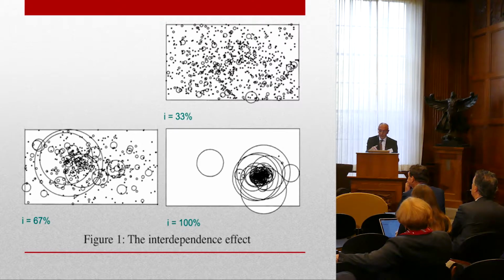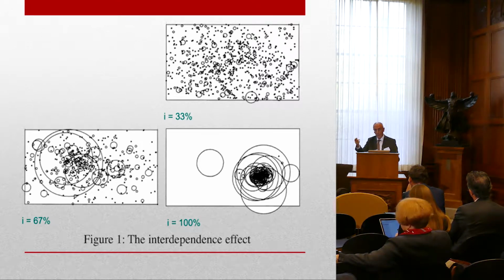But here we talk about the interdependence effect. What is interdependence? There is interdependence when the reference points of the new problem are based on optimal points that have been solutions of previous problems.